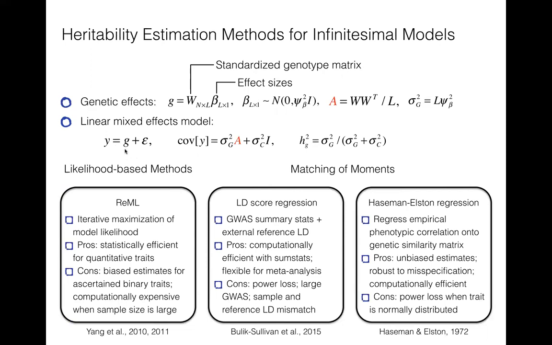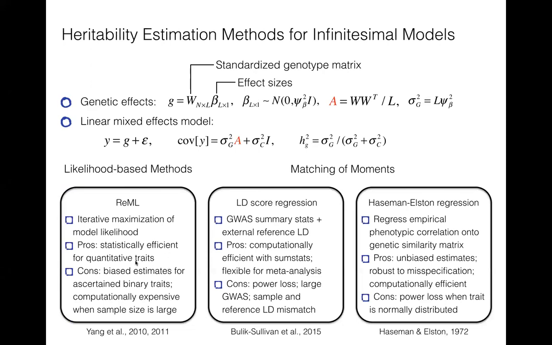Normally we assume they are all normally distributed. So you have a fully specified probabilistic model. You can calculate the likelihood of the model and then use some iterative optimization algorithm to maximize the likelihood and then produce the parameter estimates and heritability estimate.